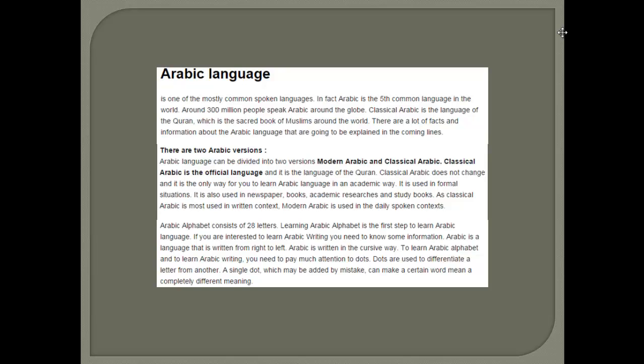It's used in formal situations. It's also used in newspapers, books, academic research, and study books. As classical Arabic is most used in written context, modern Arabic is used in the daily spoken context.